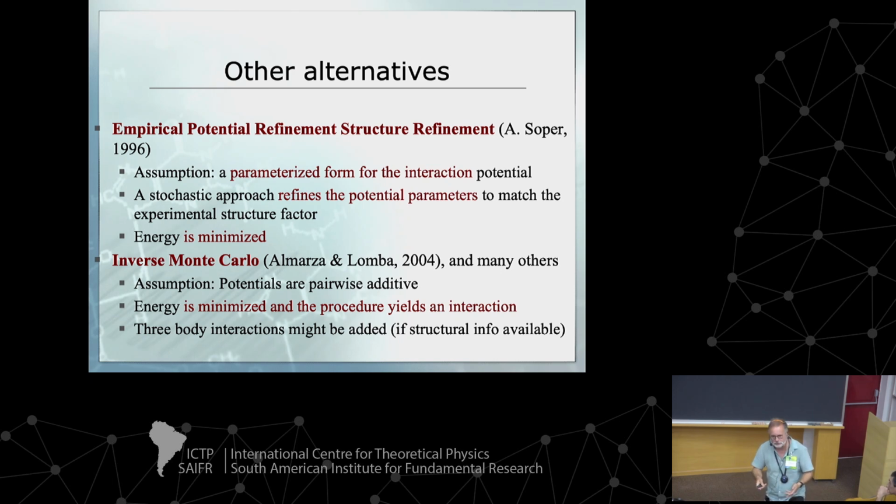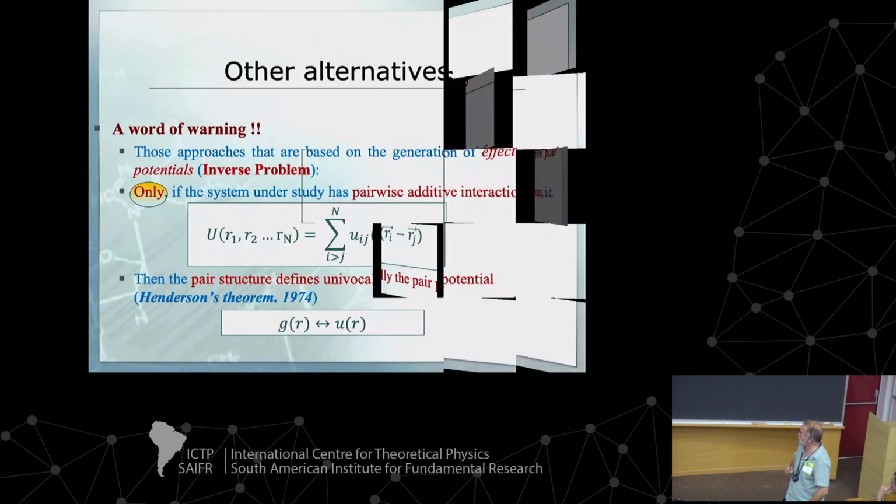So you don't have to assume a form, but it gives you a form, and you can put additional constraints if you know the energy of the system, if you know all the properties of the system. You can get that, or you can even optimize this. This work stopped for certain reasons, but we were about to implement the three-body interactions there. But these are inverse problems.